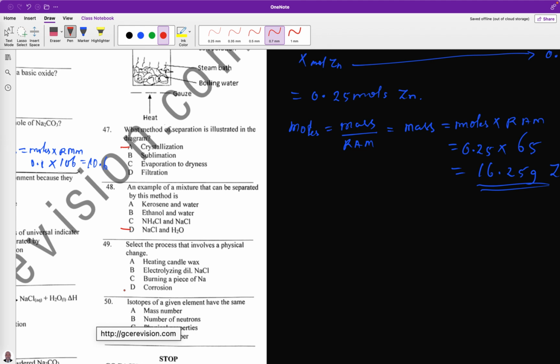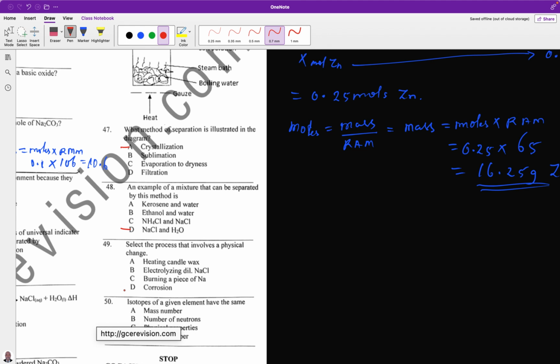Electrolyzing dilute sodium chloride will lead to the formation of ions. They are still in the liquid form, so we have not changed the physical state. They are just ions now.